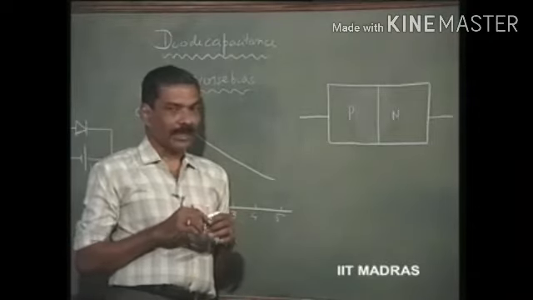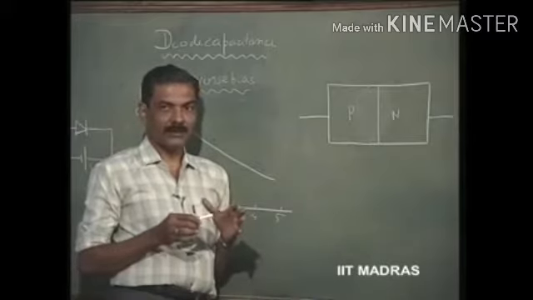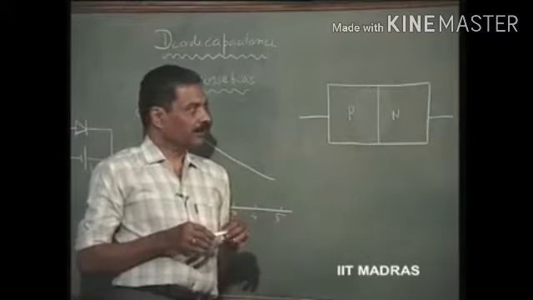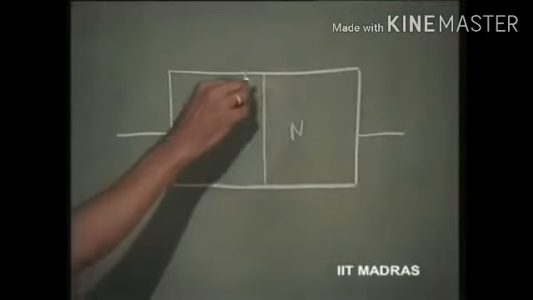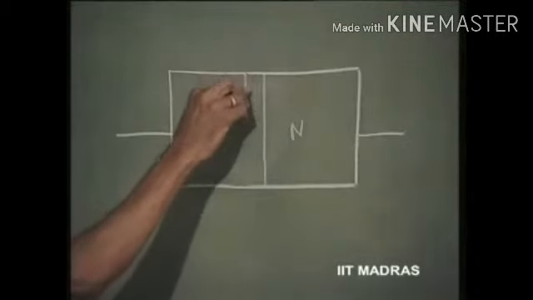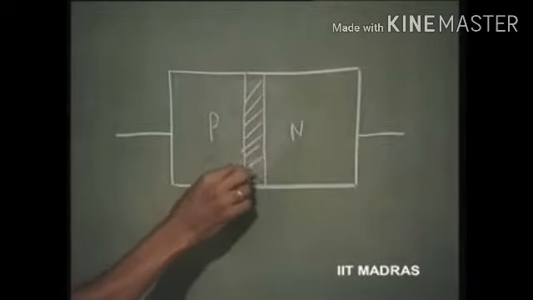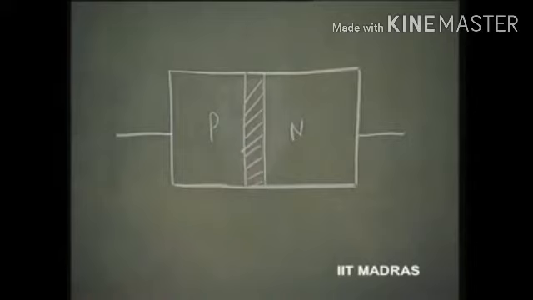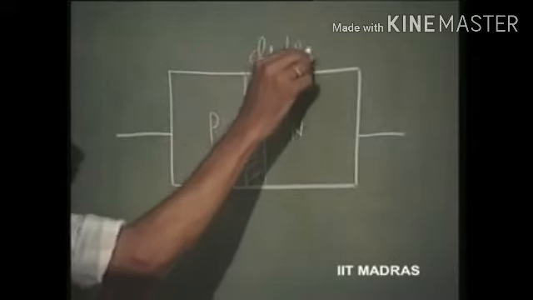Now, apart from that, we would like to see what other terminal characteristics the diode represents. When it is a p-n junction like this, at the junction we have a region depleted of carriers, free carriers. This region is called the depletion region.